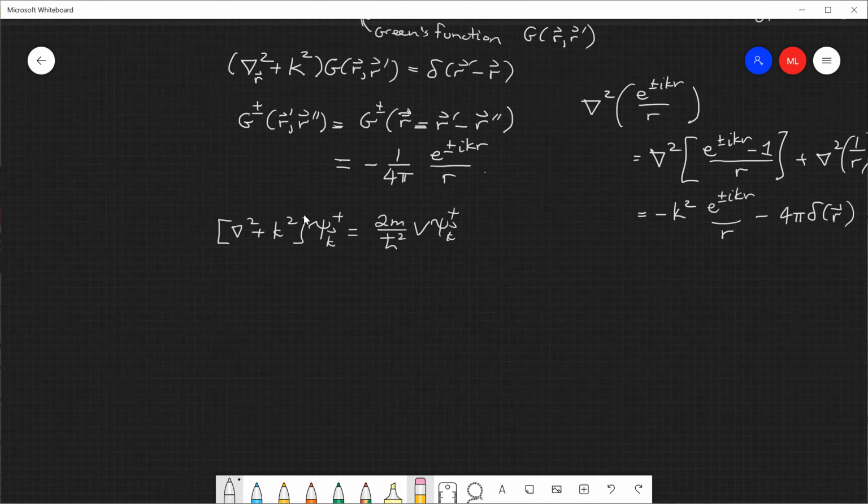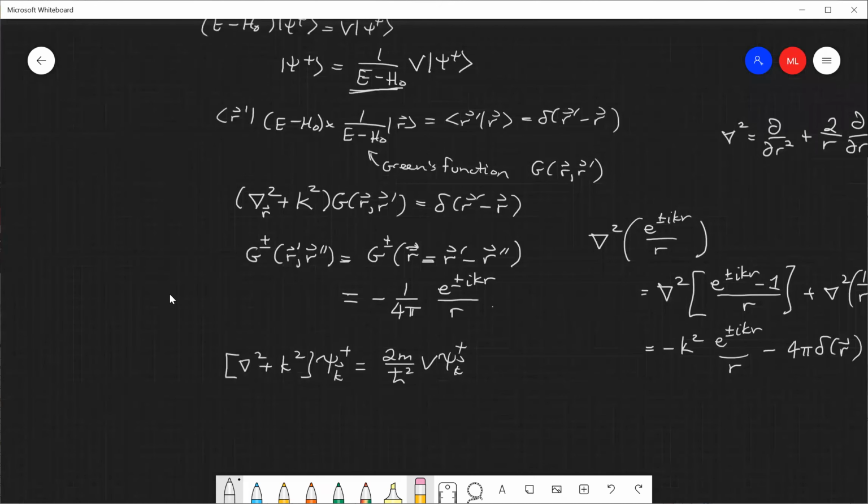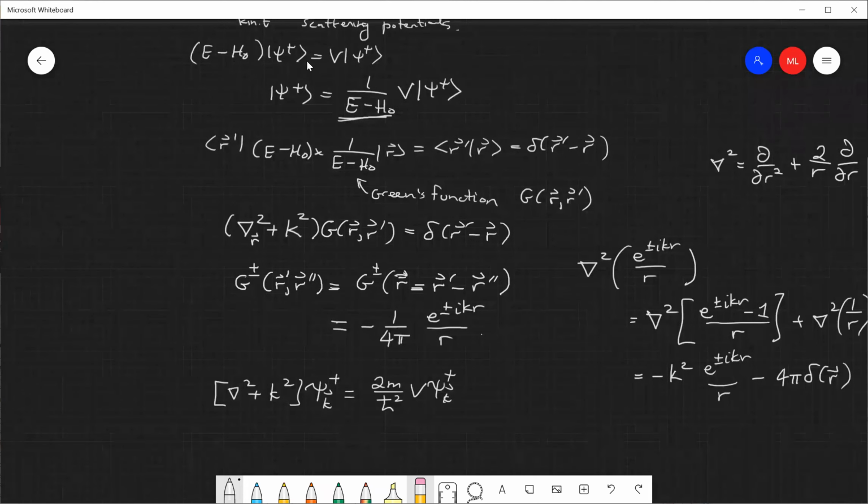Plus, that's just the coordinate version of this equation here, and these are functions now. This top one is multiplied through by 2m over h bar squared.